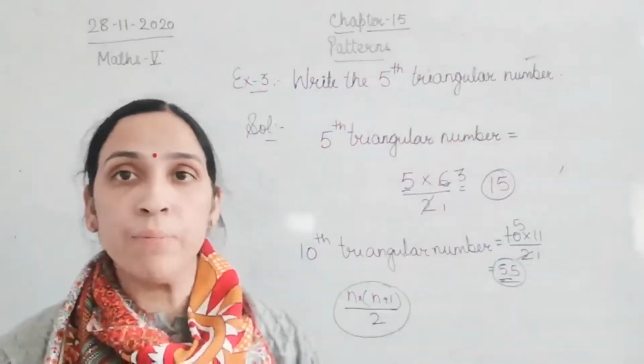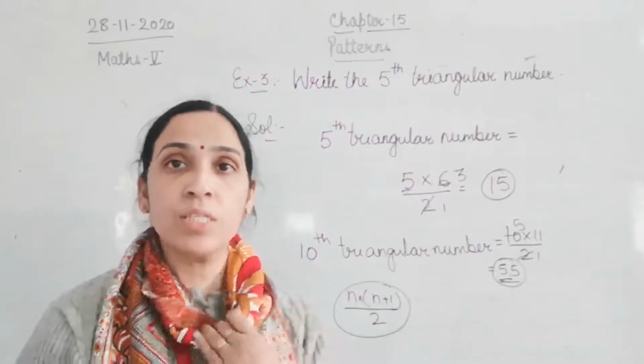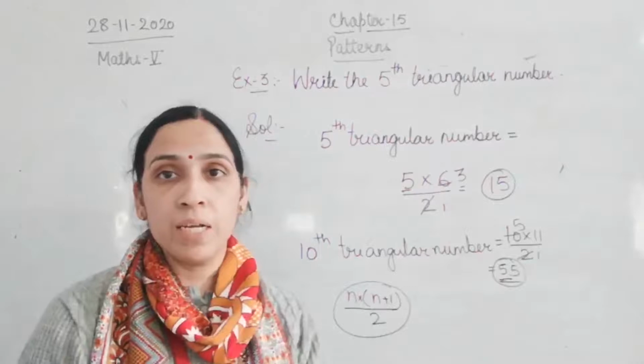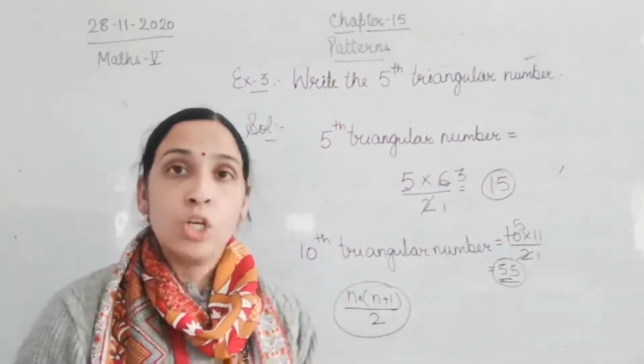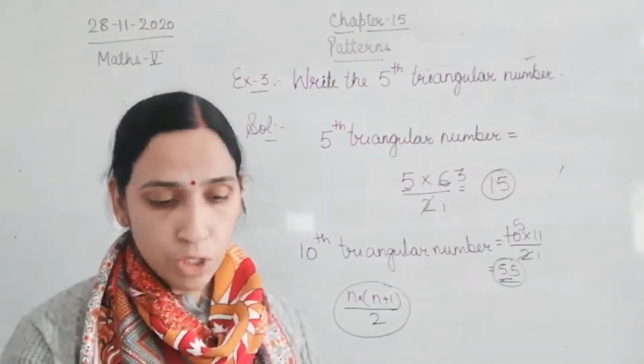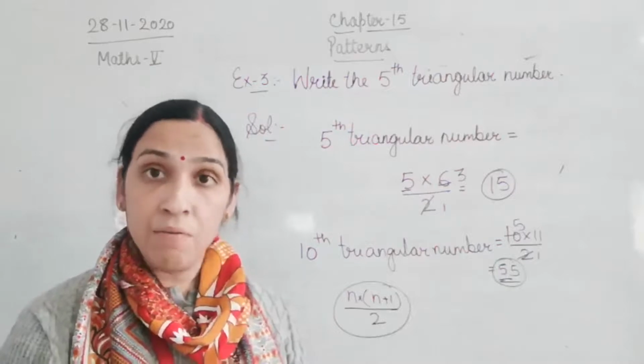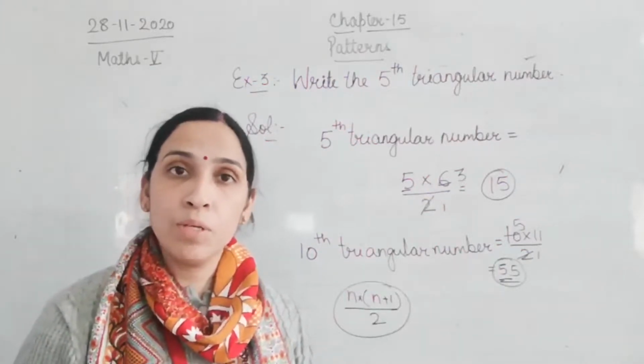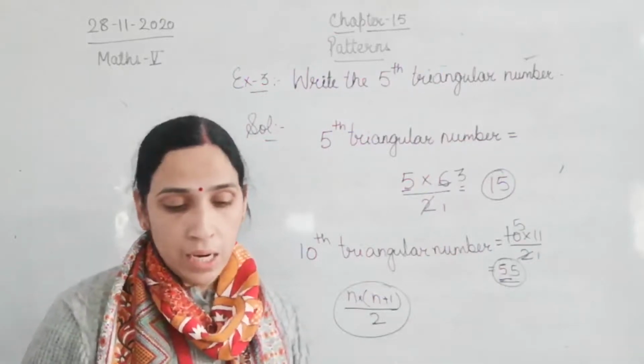The concept of square numbers, a few questions related to square numbers, how we find the series, and then the triangular numbers also. Now I am going to finish the class here.